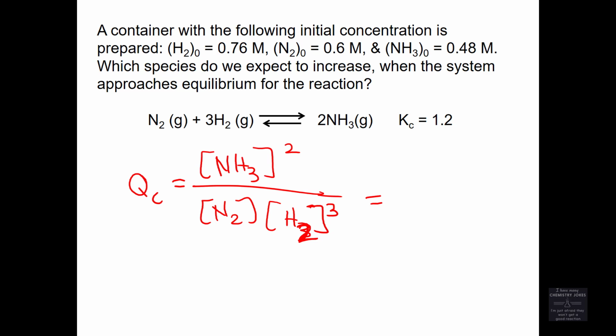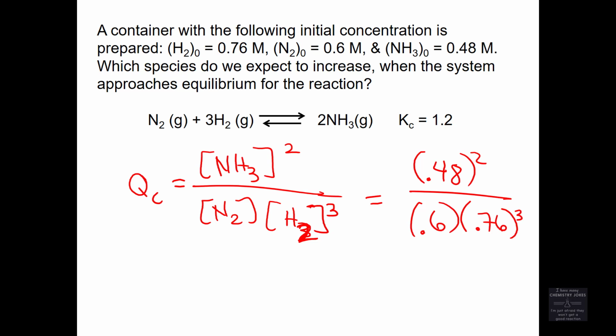So all I do is a little plug and chug. 0.48 squared divided by 0.6 times 0.76 cubed, and I get 0.874. So Qc is 0.874, and K is 1.2.